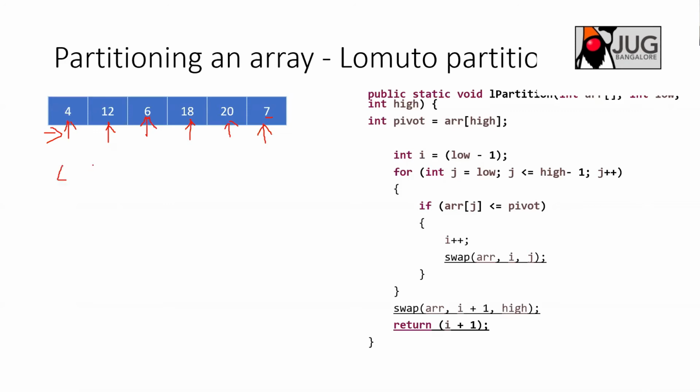So what you have is 4, you have 7, and 12 will be here, and your pointer comes to here, and this pointer comes to here. 6 is anyway less than the pivot, so you move back to 18 here, and 20. Anyway, 20 is still greater, so you move back here, and once you hit the condition that both are less than or equal, you stop here.